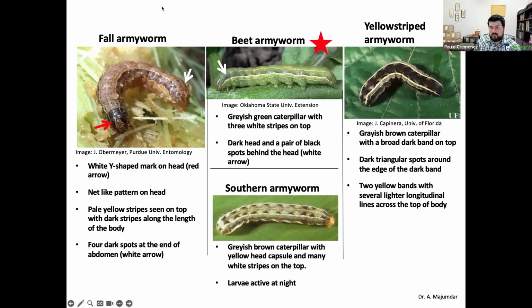For example, beet armyworms in West Georgia are showing increased diamide resistance. So we should avoid that at any cost for the control of these caterpillars. However, if you have yellowstriped armyworm or southern armyworm, that could work well.